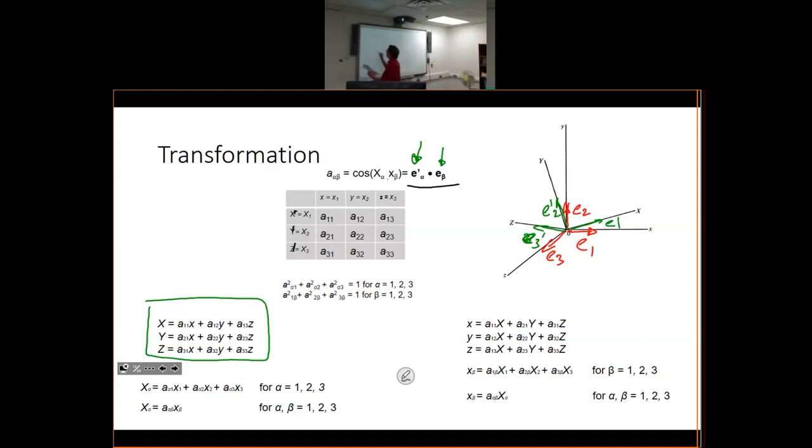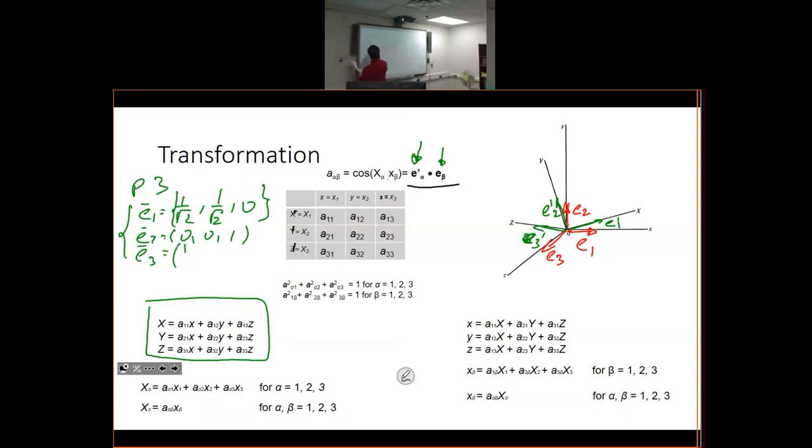Okay, so in problem number 3 of your homework, you have that E1 is 1 over square root of 2, comma 1 over square root of 2, comma 0, and E2 is 0, 0, 1, and E3 as a vector, because each is a vector, correct? So this is a vector: 1 over square root of 2, minus 1 over square root of 2, and 0.